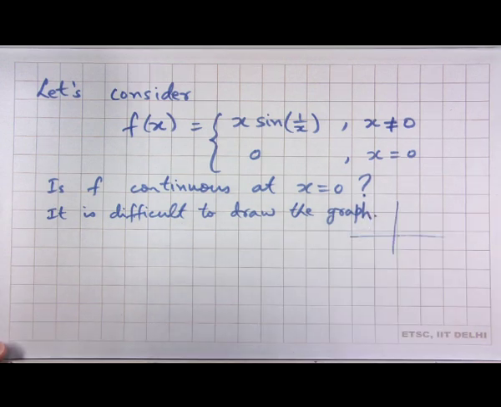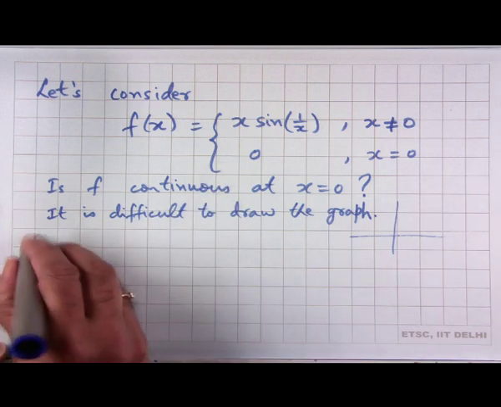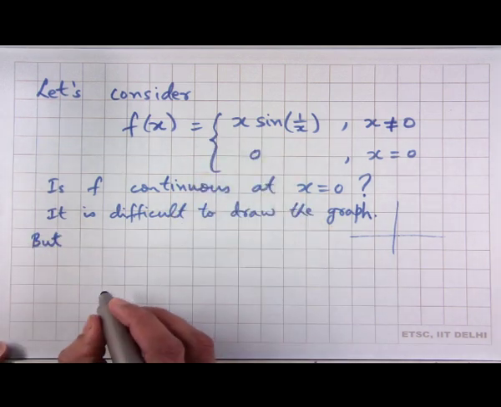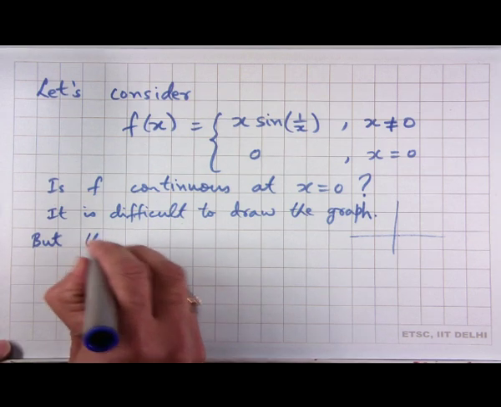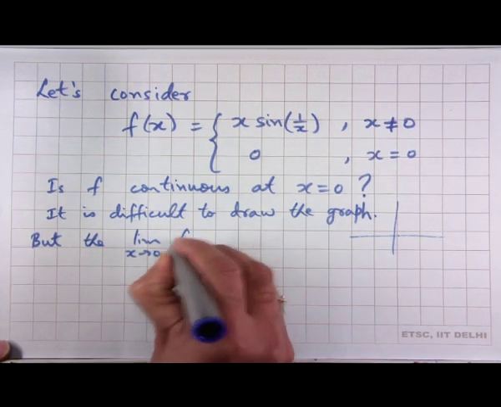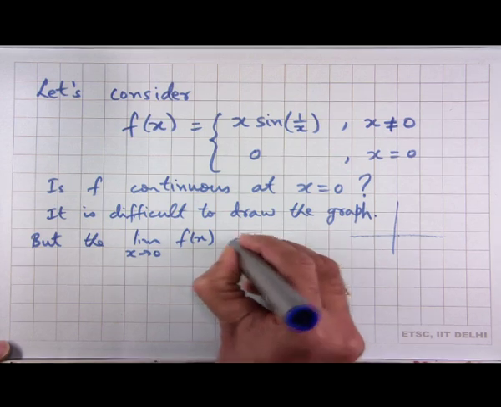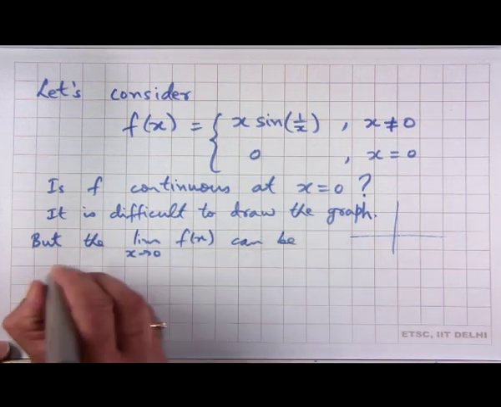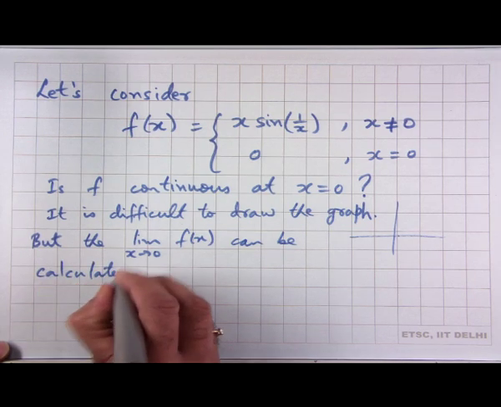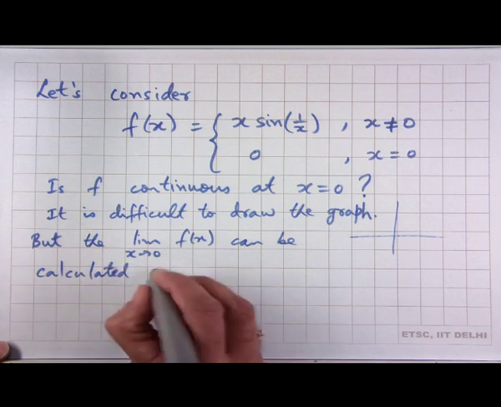It is difficult to see whether the graph is broken or not, but let us try to calculate the limit if we can. Can we calculate the limit of f of x as x goes to 0? It can be calculated as follows.